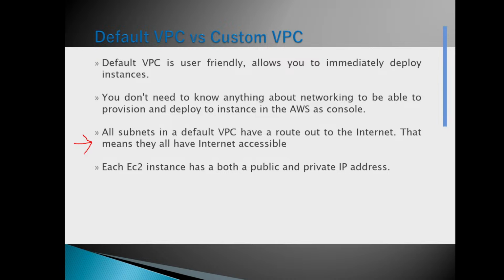Because all the subnets, all networks or sub-networks in default VPC have internet access. This is an important topic. That's why we don't prefer to use default VPC. We can create more subnets, more private subnets, but we are not going to use default VPC in further applications. All subnets in default VPC have a route to the internet.